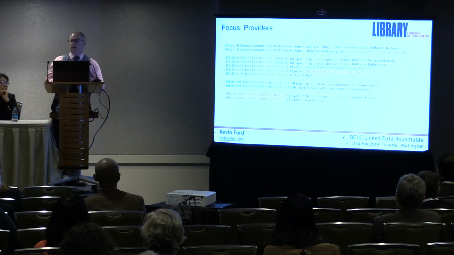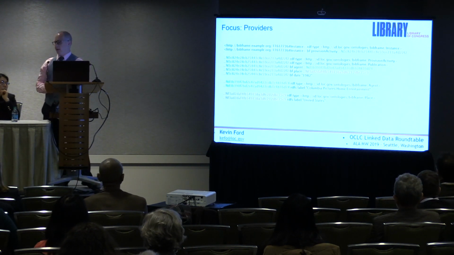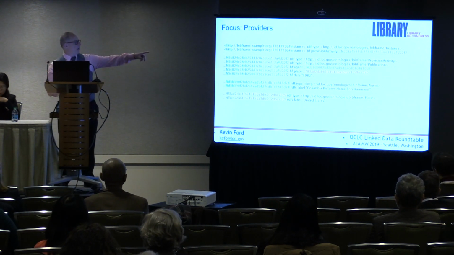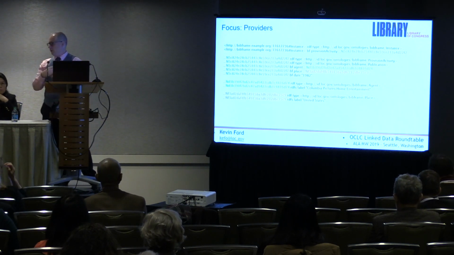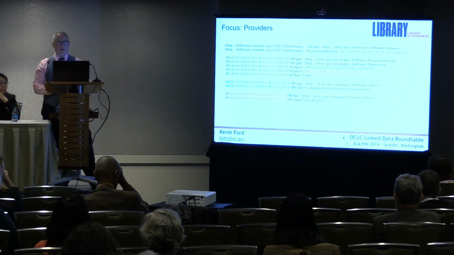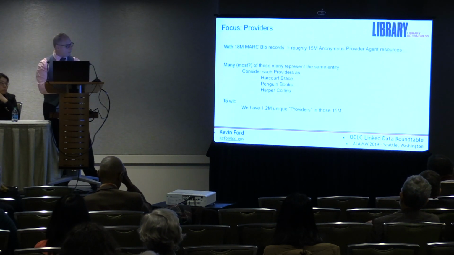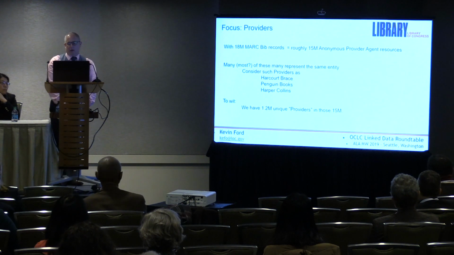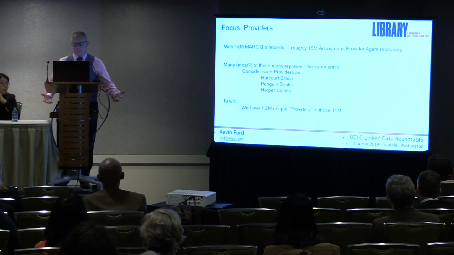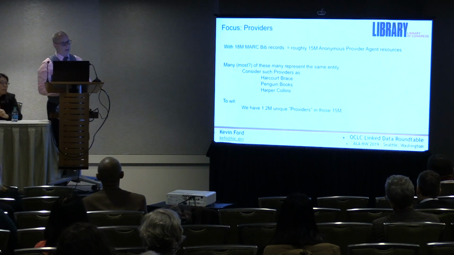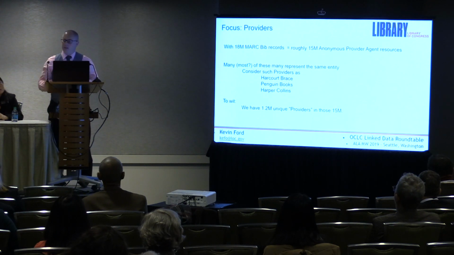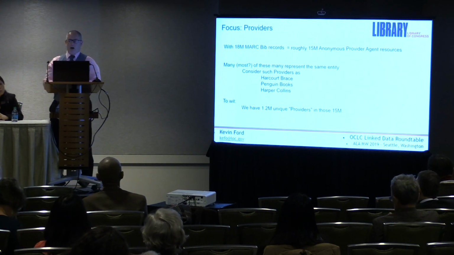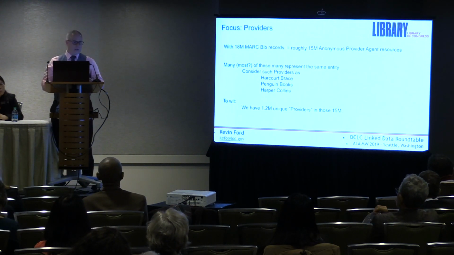And again, if you look at a different serialization, you can see this blank node come into existence. Again, a whole bunch of identifiers that begin with underscore, colon, and an alphanumeric string. Those are all those blank nodes. So like I said, when you consider our data, and I'm certainly using very, very general numbers, if we have 18 million MARC bib records, let's assume that 15 million of them have anonymous resources that represent provider agents.